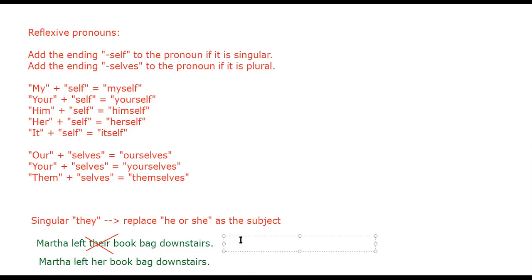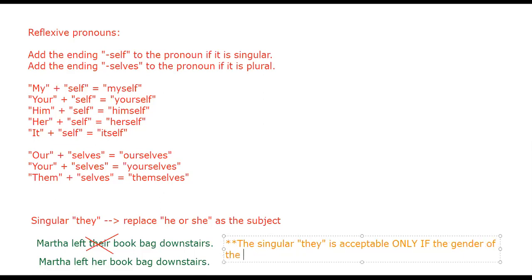The singular they is acceptable only if the gender of the referent, which is just a fancy name for what the pronoun is referring to, is unknown.